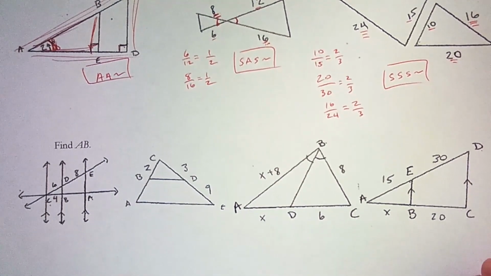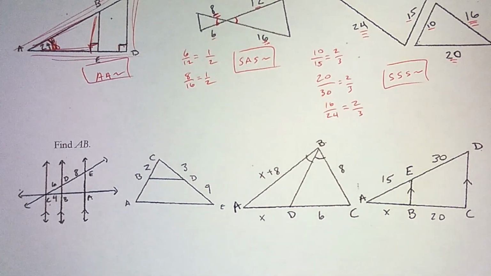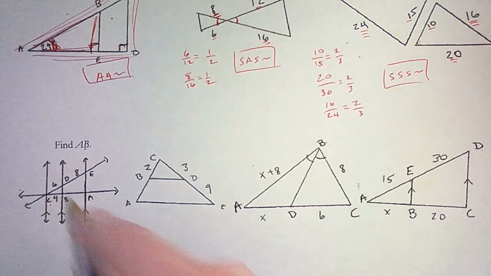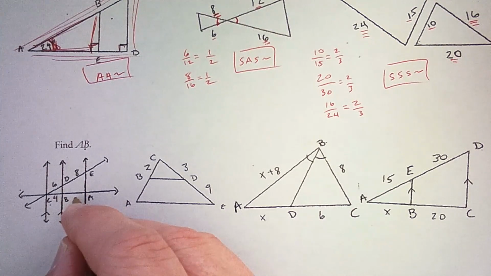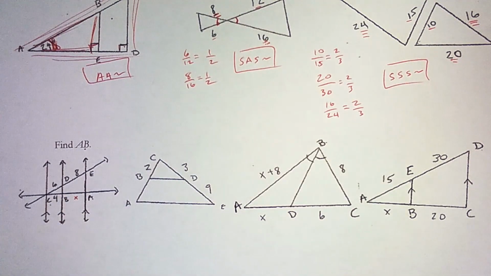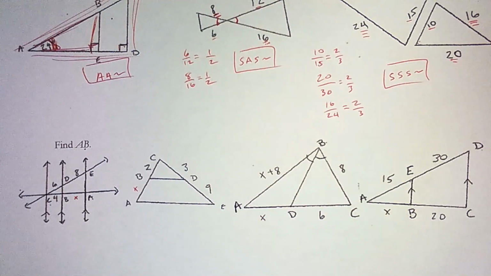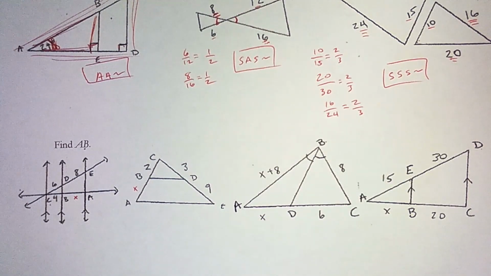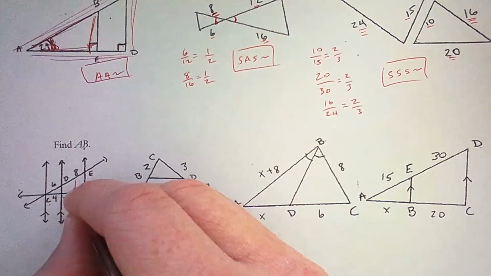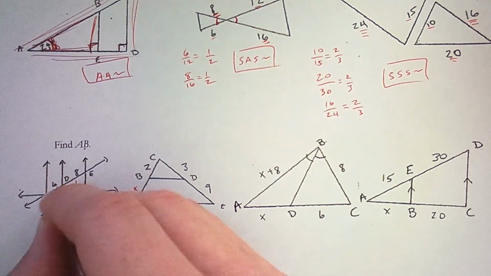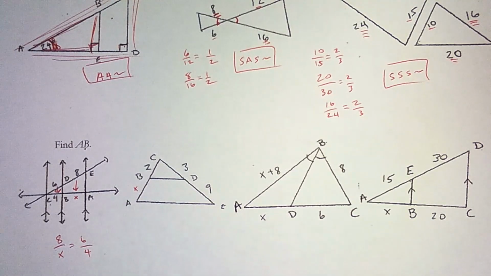And our last portion for this video, we're going to find the length of AB for each of these. Here's AB. I'll just put an X on that, so we'll solve for that X. AB here, I'll just put an X there. That'll simplify our proportions a little bit. So I'm just going to let the shapes here kind of determine my proportion. I've got 8 is to X as 6 is to 4.